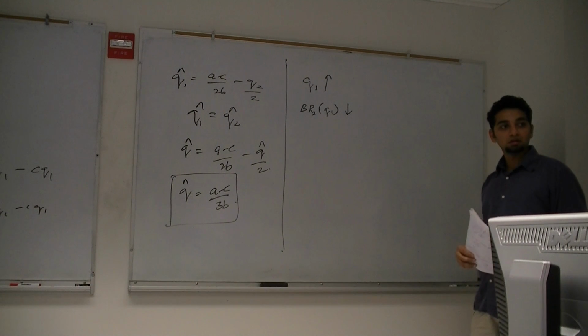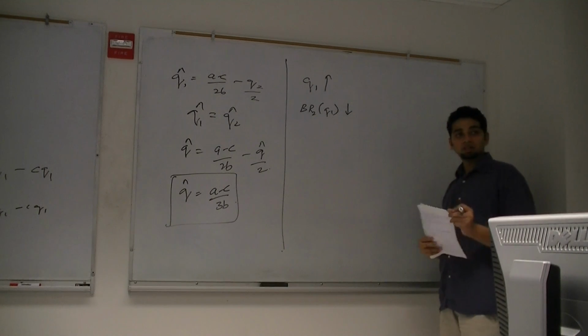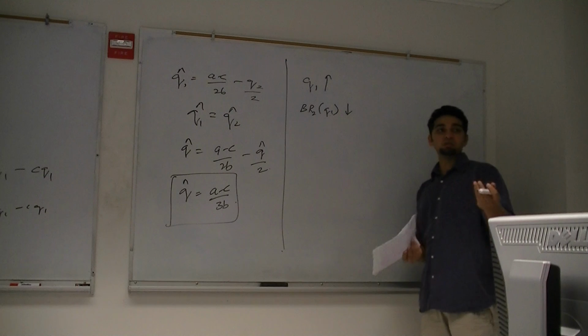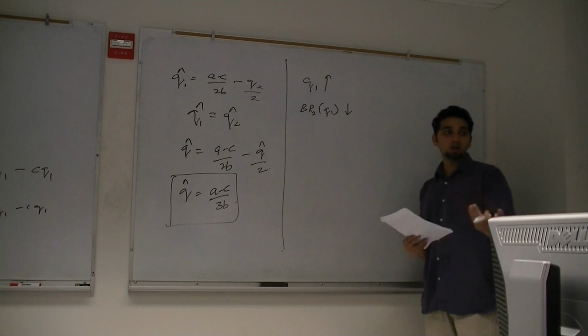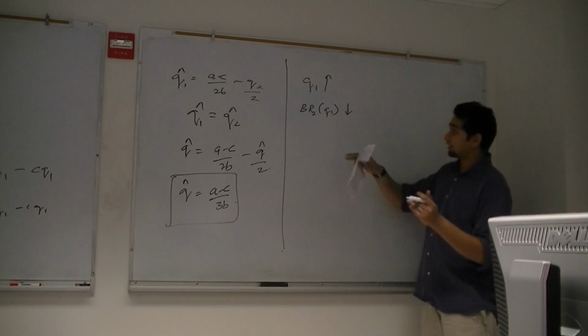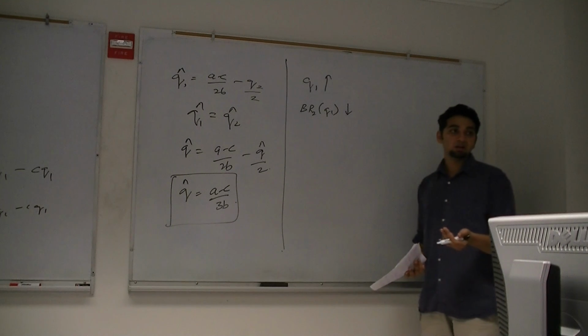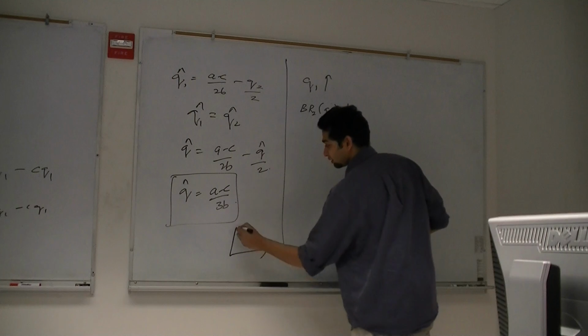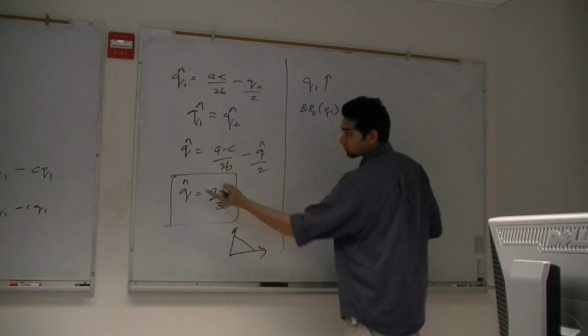That's basically your profits come down, right? So if the other firm produces more and you produce less, that induces you to produce less. So this is basically how it varies.